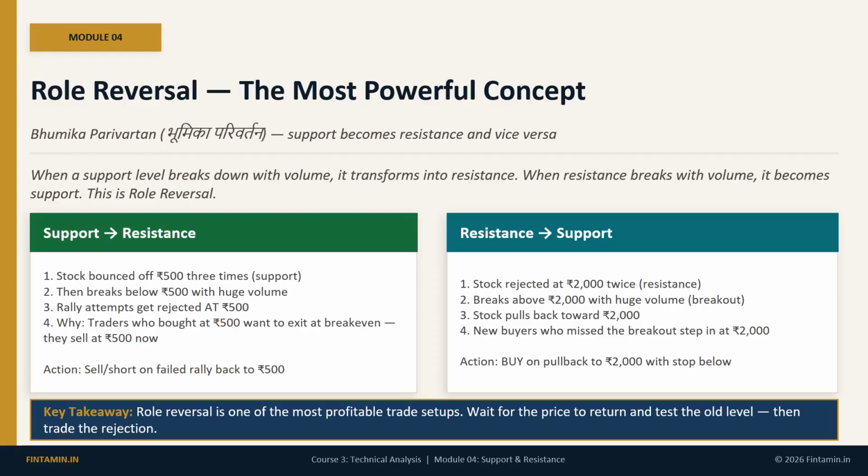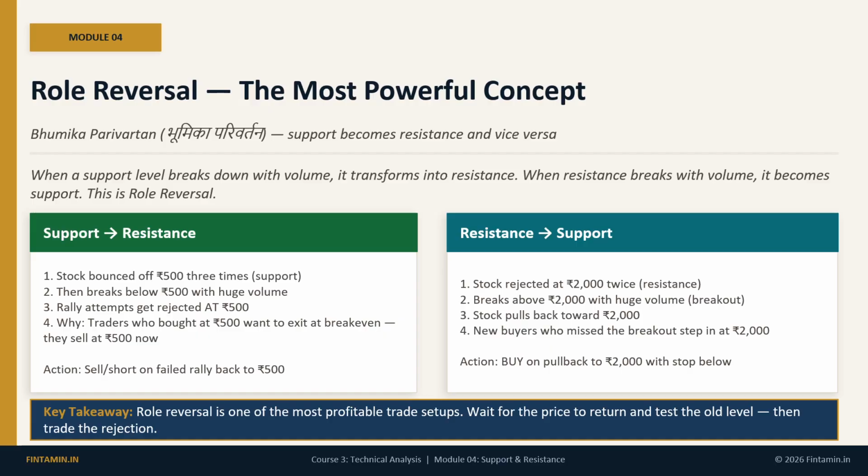Let me give you a real-world example. Nifty had resistance at 18,000 for almost a year. Price kept getting rejected there. Then it broke above 18,000 on very high volume. The next time Nifty pulled back to 18,000, it bounced perfectly. 18,000 had transformed from resistance to support.